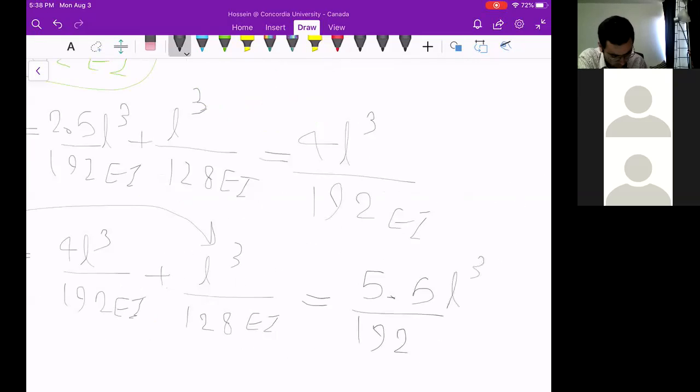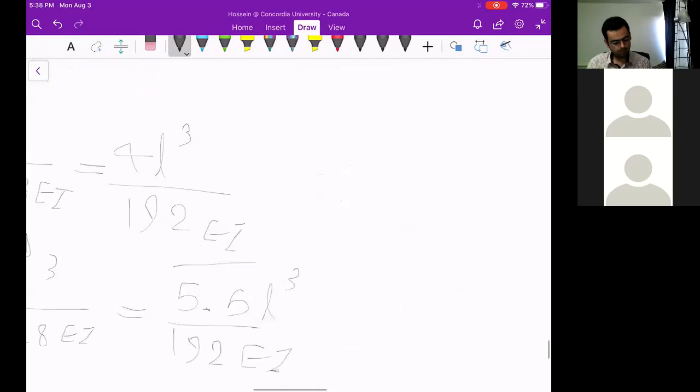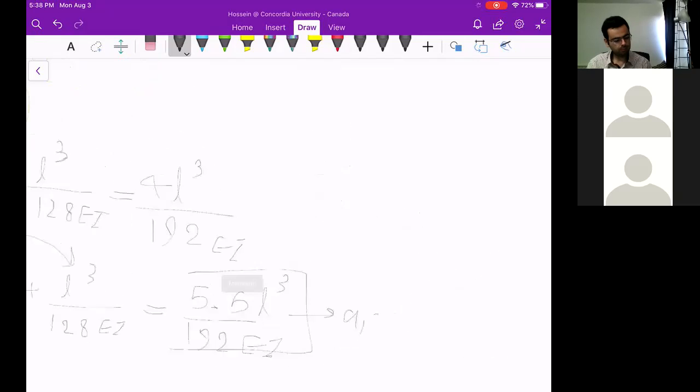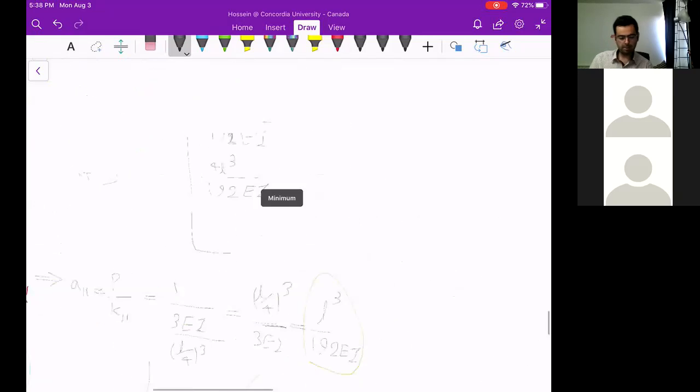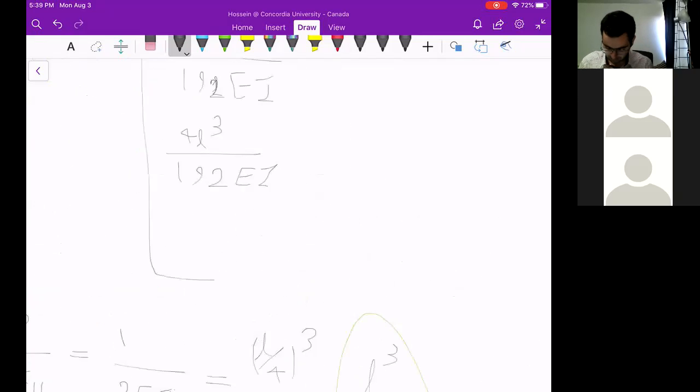L cube and EI. So we are already done with the first column. By taking advantage of the reciprocity theorem, we could further fill out the matrix without doing any formulation or any manipulation with the formula.